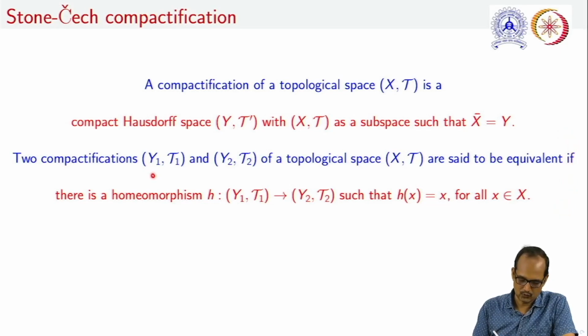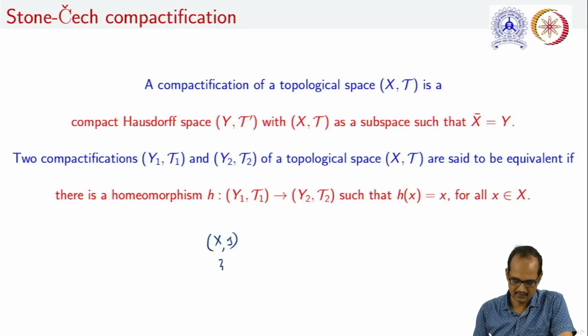If we have two compactifications (Y1, tau 1) and (Y2, tau 2) of a topological space (X, tau), then we say that these two compactifications are equivalent if there is a homeomorphism H from the space (Y1, tau 1) to (Y2, tau 2) such that H(x) is equal to x for all x in X.